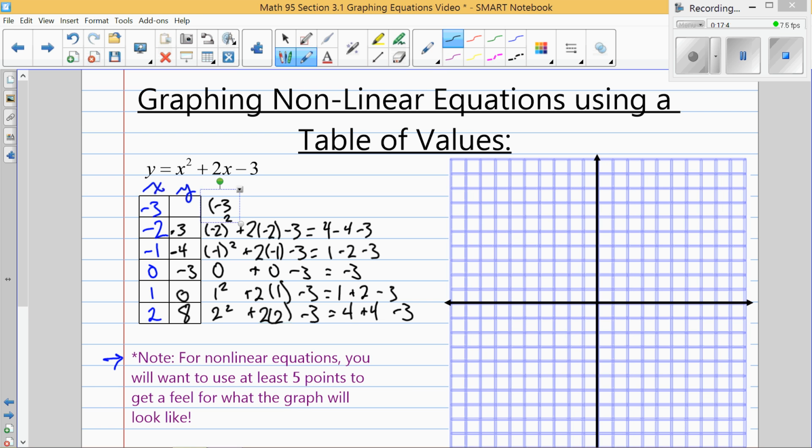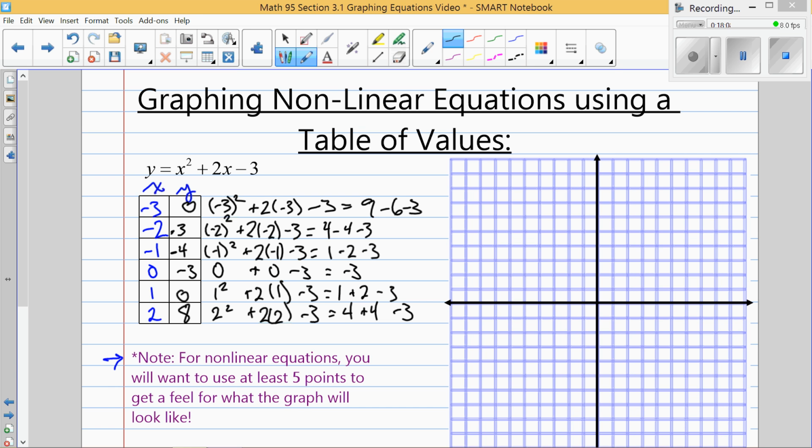So negative 3 squared plus 2 times negative 3, and I have that subtract 3 as well. I'm looking for a 0 here. So I get a positive 9, a negative 6, and a subtract 3. That does in fact equal 0. So my prediction was correct.